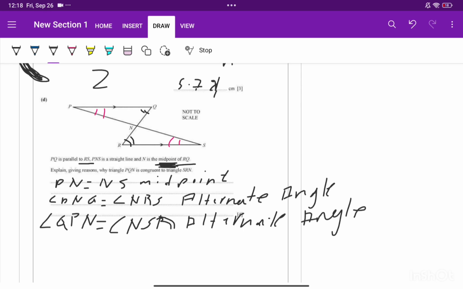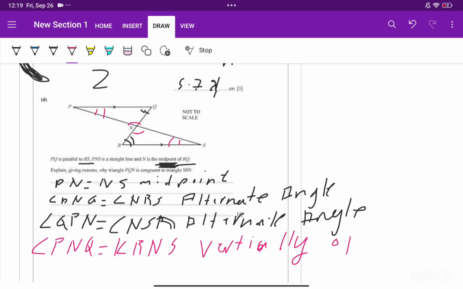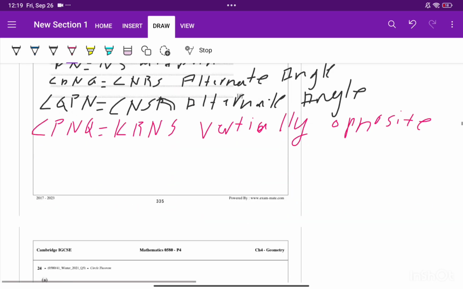Okay, we have to give one more reason because it's a 4 marks question. Okay, so this angle PNQ will be the same as angle RNS. Why? Because of vertically opposite angles. So we can write angle PNQ is equal to angle RNS because of vertically opposite angles.